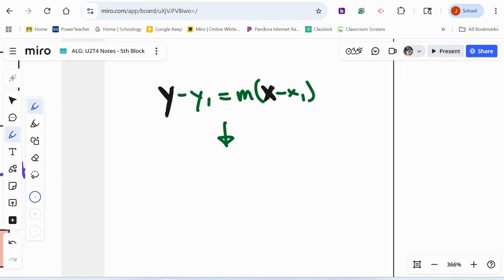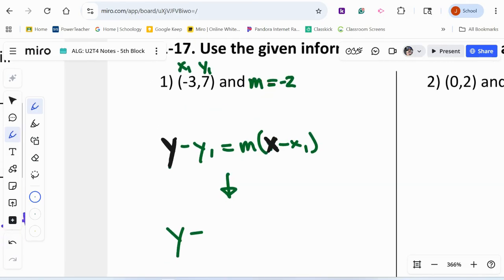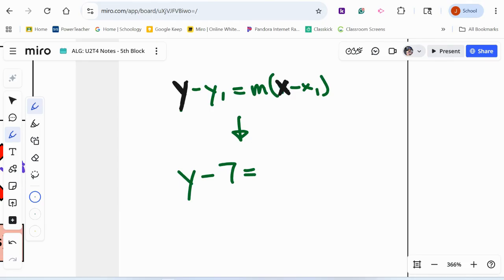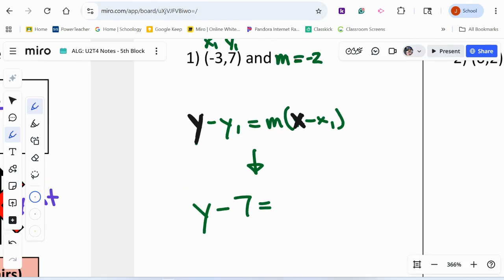So if I go through that process, y stays y, y1, I drop in 7, right? And you can see this is how we end up with that whole line opposite situation. y1 is positive 7, but when we drop it in, because it's minus y1, it looks like -7, right? m, drop in -2. We've got x, and now this is where, again, I am minus -3.